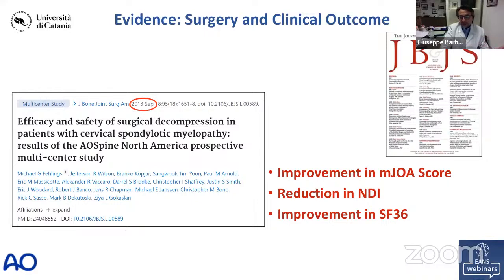Now, if we go back to the literature in terms of what I call bread and butter, which means everyday clinical practice, we know since at least 10 years, from some of the studies conducted by Michael Fehlings and his group, that surgery does have a role in getting patients better.